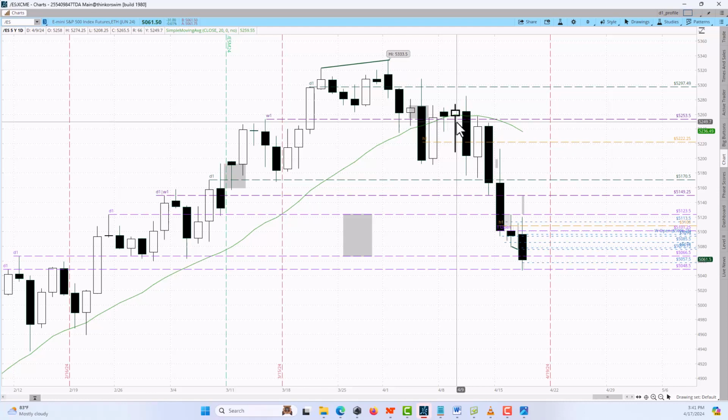And exactly at that moment, it flushed down. You see that? Flushed down beautifully. But if we missed that, we still have a second chance right there. This guy opened below that and retested that.